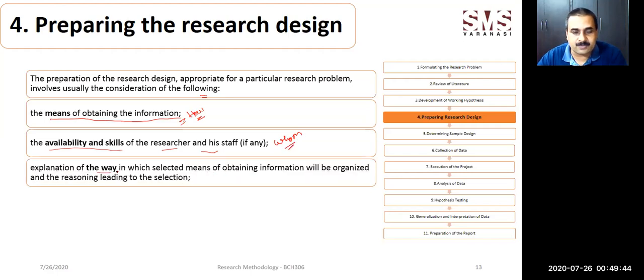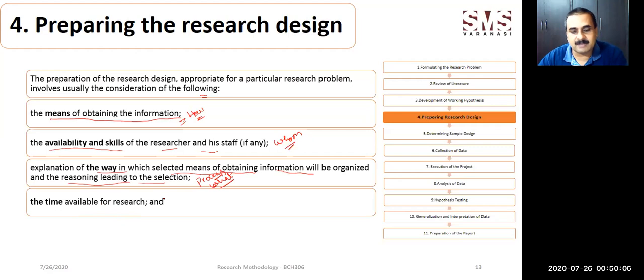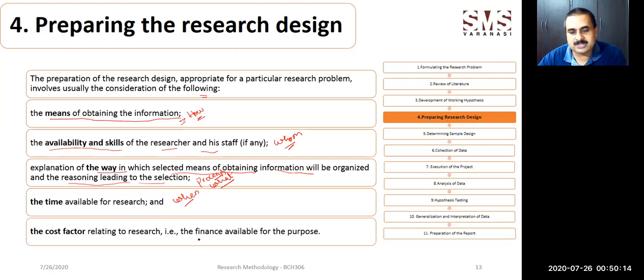Then the explanation of the way in which the selected means of obtaining information and the reasoning leading to the selection, meaning what kind of process we are going to follow. Then the time available, so the when question is answered in this, and the cost factor, how much money is going to be invested, and the finance available in hand, which should be taken care of.